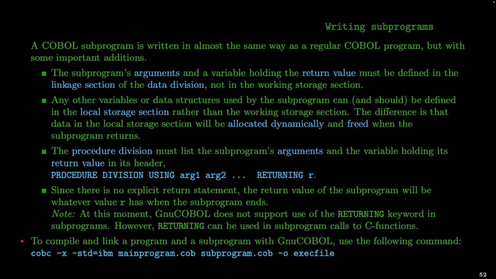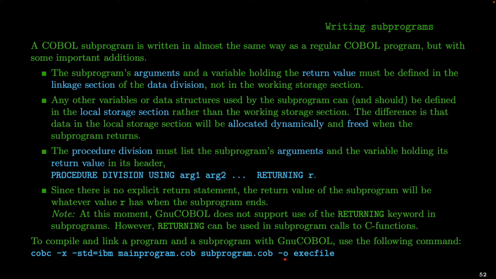And if you want to compile and link a program and a subprogram with GNU COBOL, you have to use the following command: cobc for the compiler, -x to create an executable, -std=ibm, main program cob, so the source code for the main program, subprogram.cob in a different file, the subprogram.